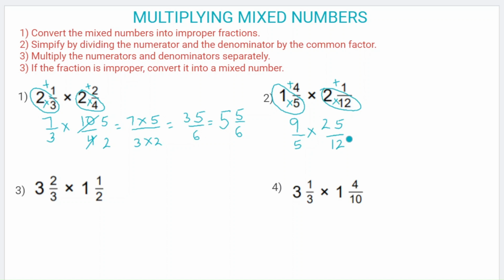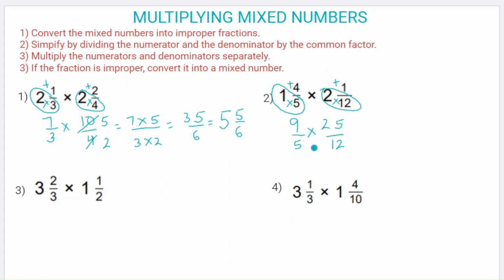Now that we have identified that there is no common factor between the numerator and denominator of the same fraction, let's see if there is a common factor between the numerator of one fraction and the denominator of another fraction. That way we can cross cancel. Cross cancel means we can cancel the numerator of one fraction with the denominator of another fraction if they have a common factor.